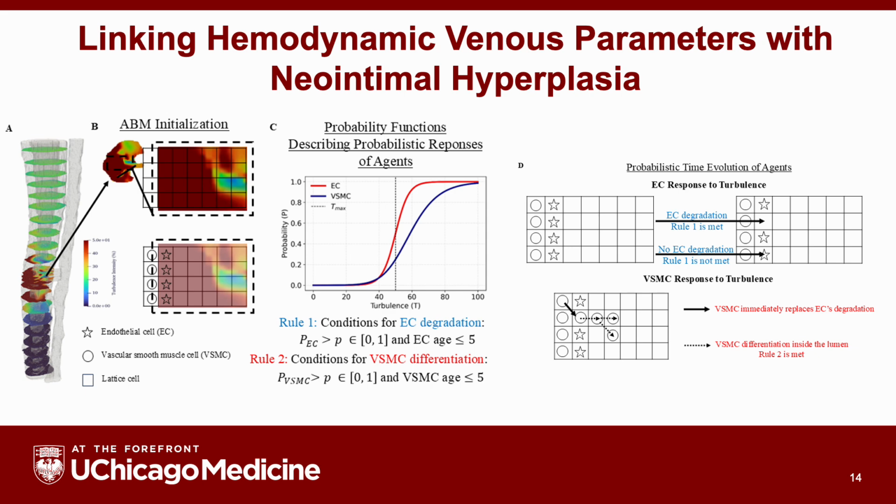To visualize how these two rules work, the right side of figure D shows step by step the degradation process of EC and the differentiation process of VSMC. More details can be seen in our manuscript.